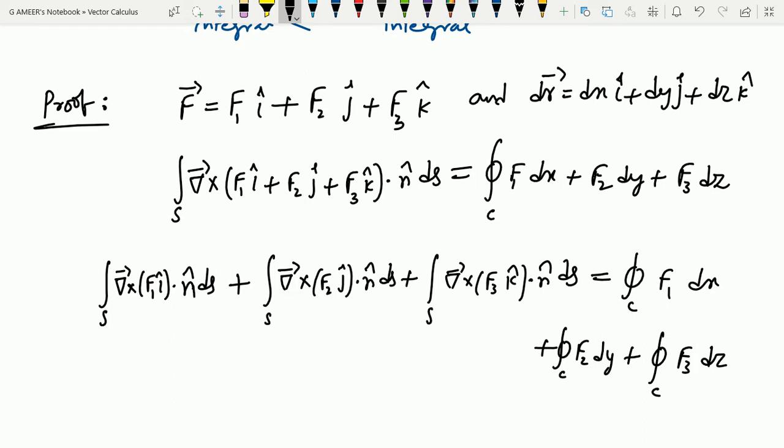This we need to prove. That means the first component will be equal to the first, the second will be equal to the second, and finally the third will be equal to the third. We need to prove this.